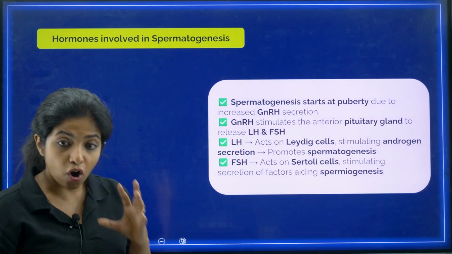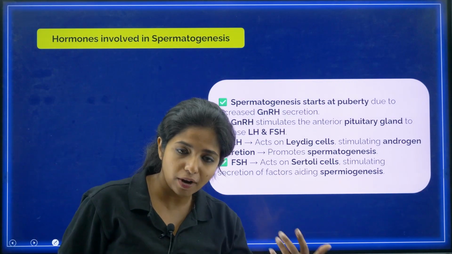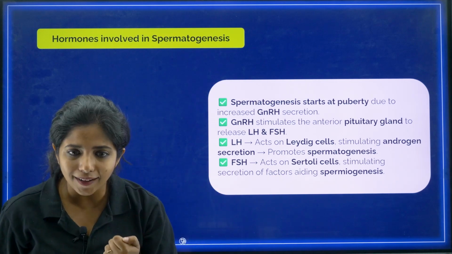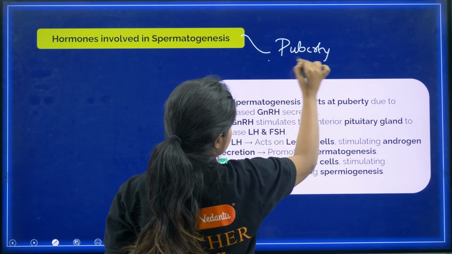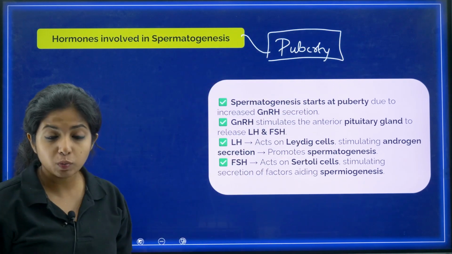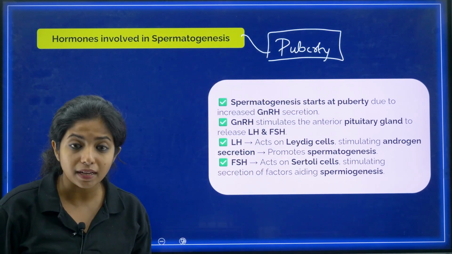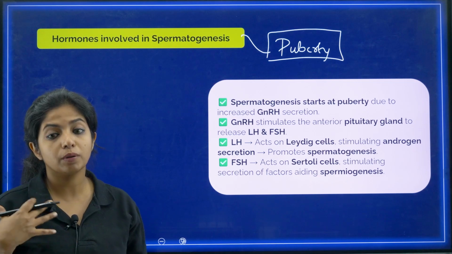Now there are hormones also involved in the process of spermatogenesis. When does spermatogenesis start? Spermatogenesis starts in males during puberty. When they hit puberty, that's when spermatogenesis starts. What makes their body release sperms during puberty?